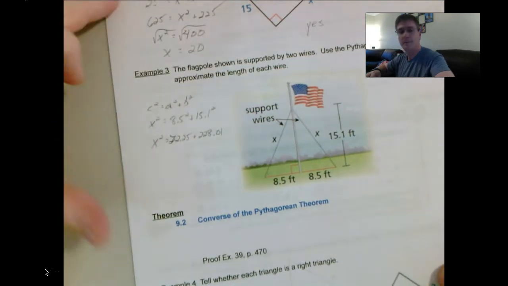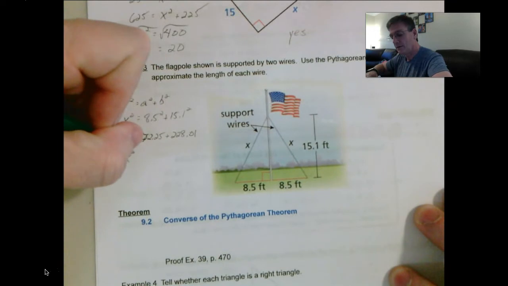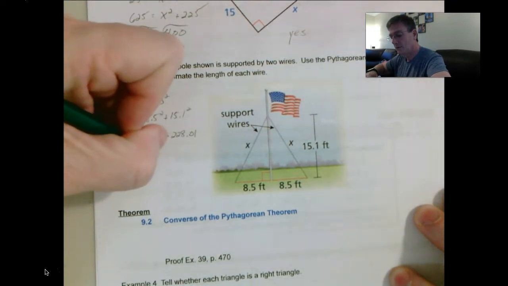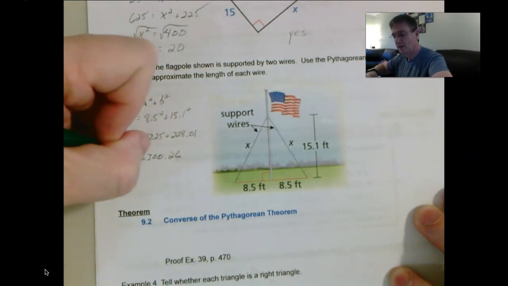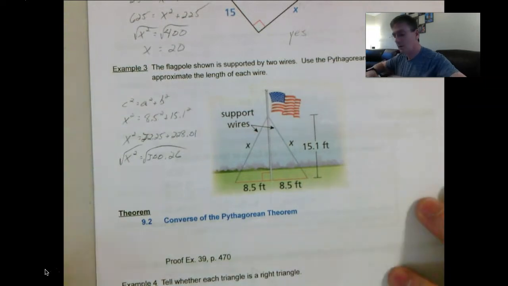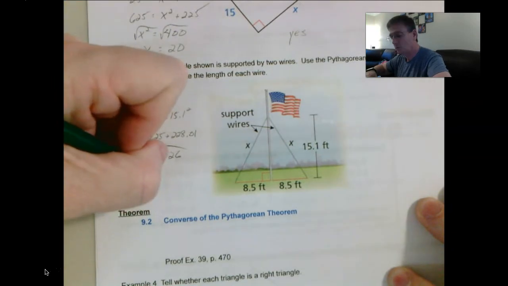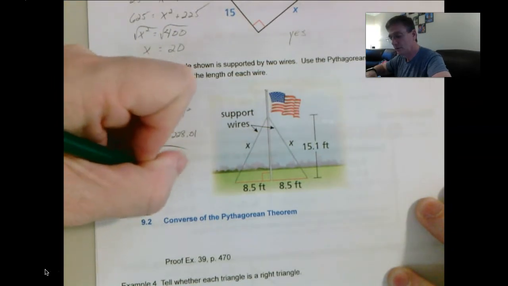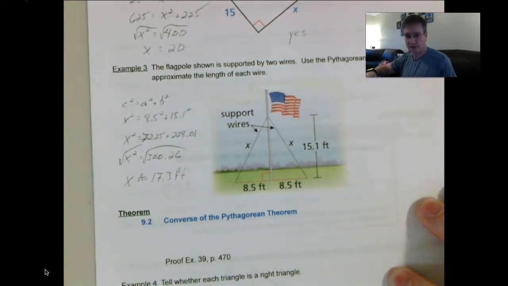Add those together, x squared equals 300.26. Square root both sides. Again, we'll let the calculator do that. And we get x as approximately equal to 17.3 feet. So each wire is approximately 17.3 feet.